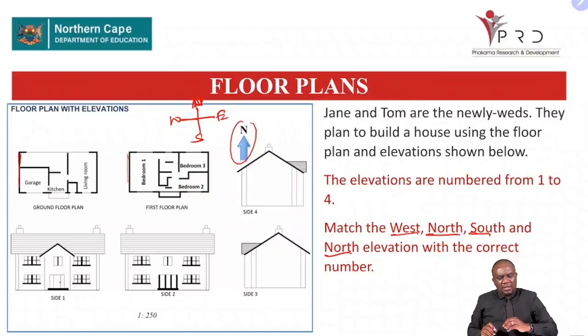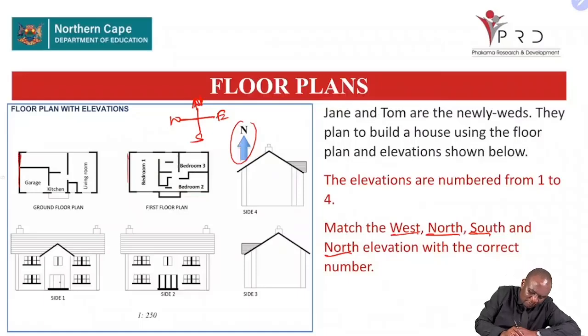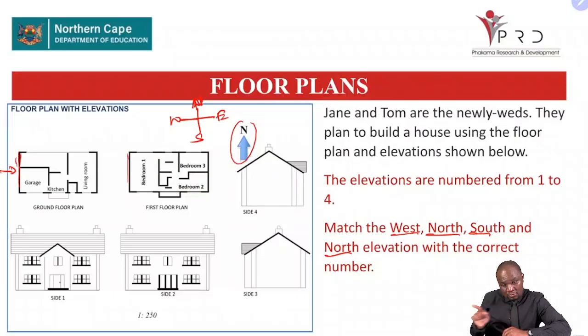Right. Now, as a viewer, where am I facing? I'm facing the eastern side. You see that? This is the west side, and I'm facing to the east. Now, if I'm facing to the east, this part of the building should be on my right.